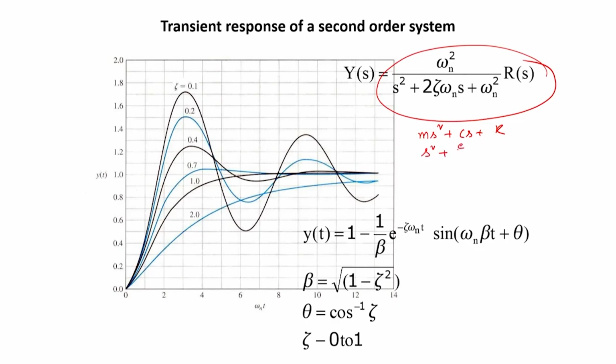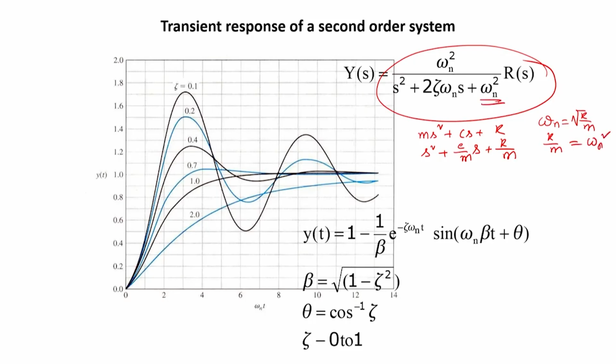So, s square plus c by m s plus k by m is the denominator, and the same thing we have done on the top also. Now, we know that omega n is square root of k by m, which means k by m is nothing but omega n square. So, that is this term.